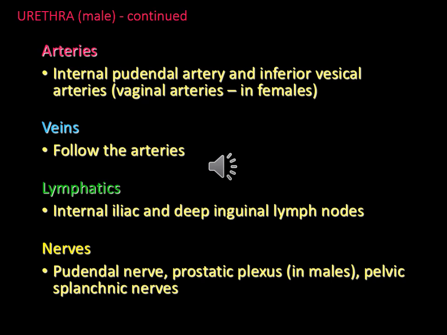Some people call it the lymph node of Rosenmuller also, whatever, but it doesn't belong to the superficial group of inguinal lymph nodes, but it belongs to the deep group.